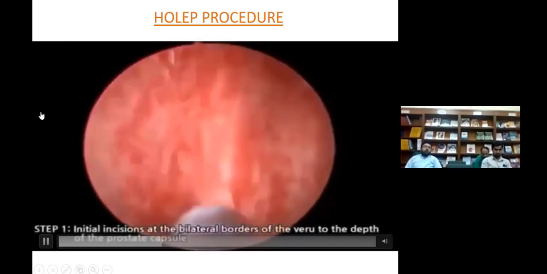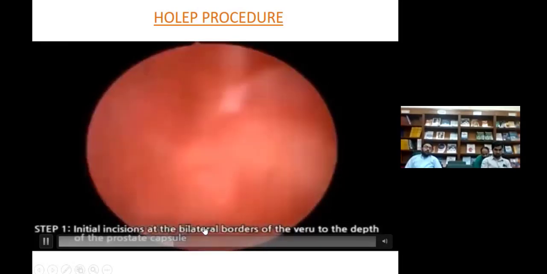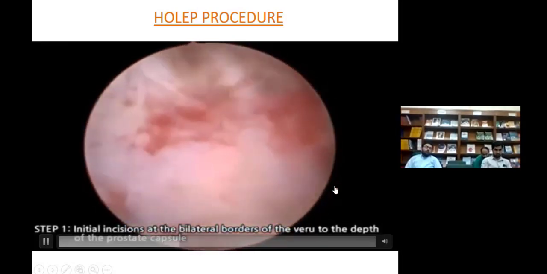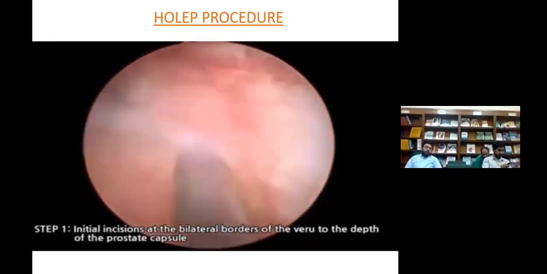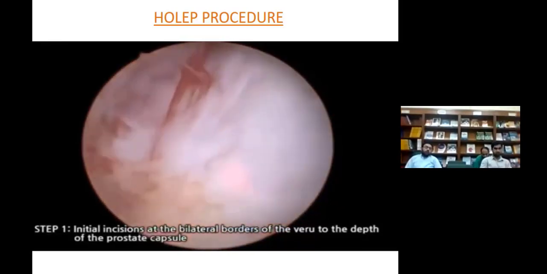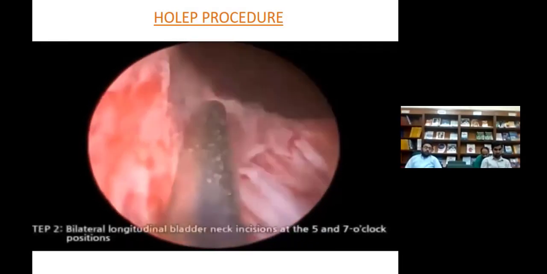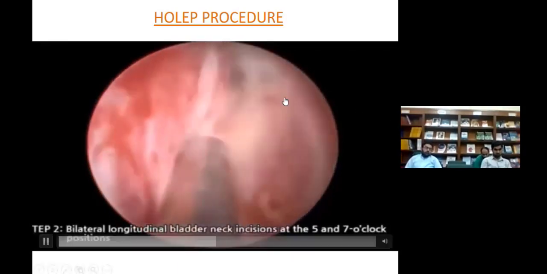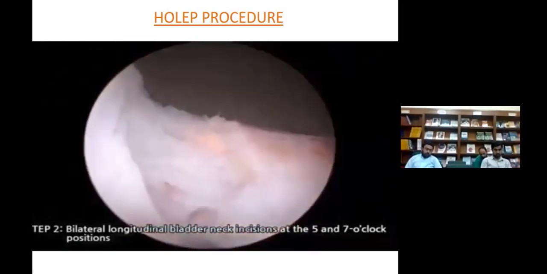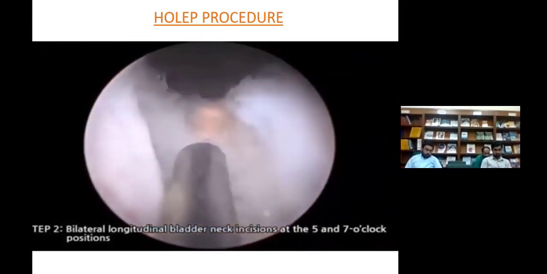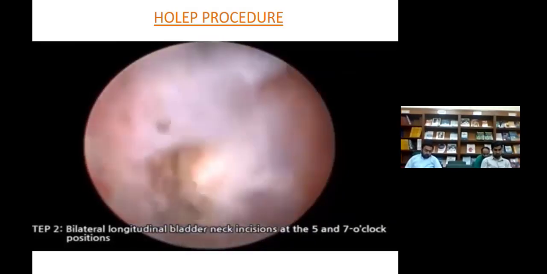First, the median lobe is enucleated. The advantage is this: in this laser treatment, the whole lobe is enucleated rather than in the form of chips as in TURP.